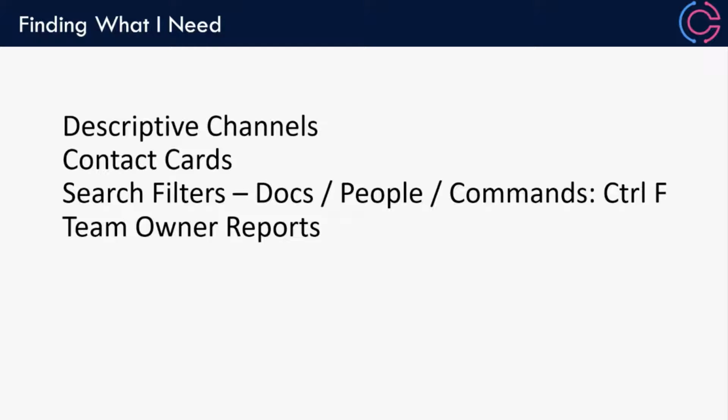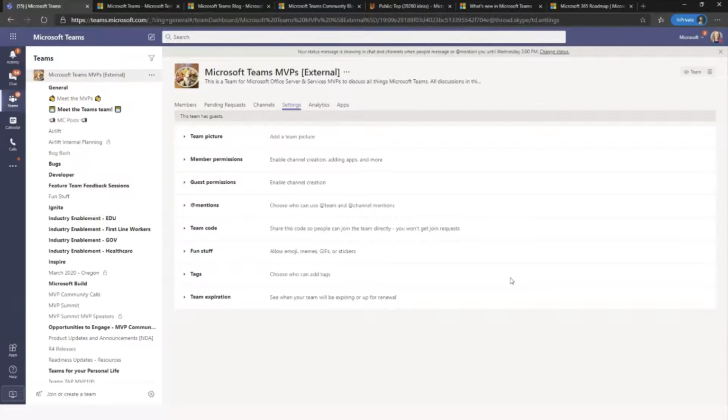So there's a few ways that I'm going to show you what I mean by that. And the first thing is having descriptive channels. That's something that I showed you a minute ago, being able to name these channels and keep them the same.